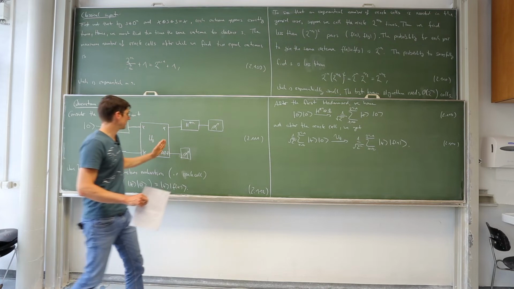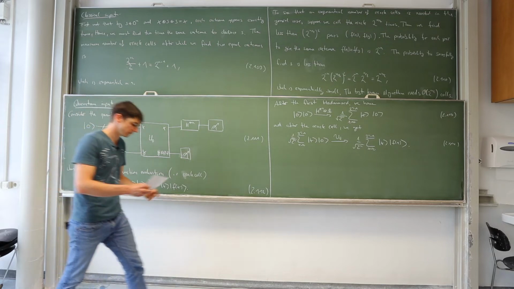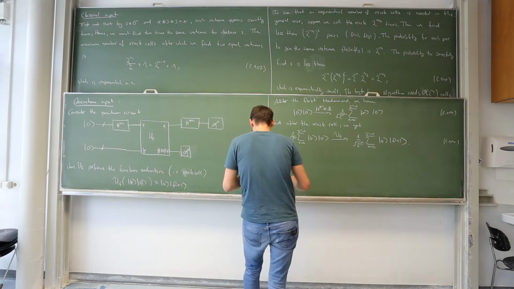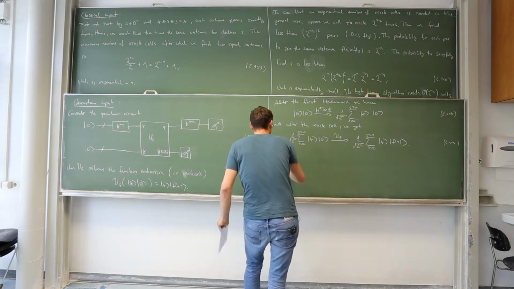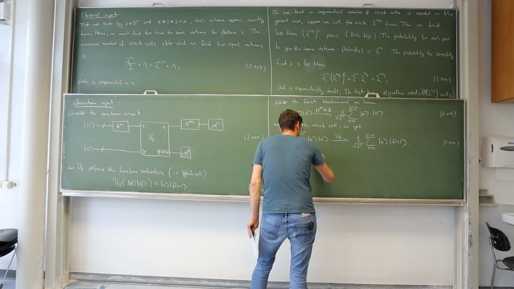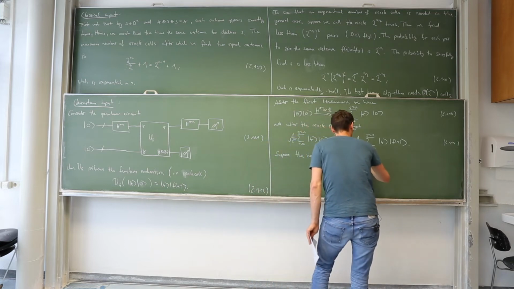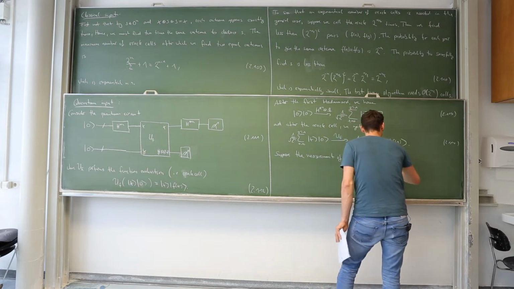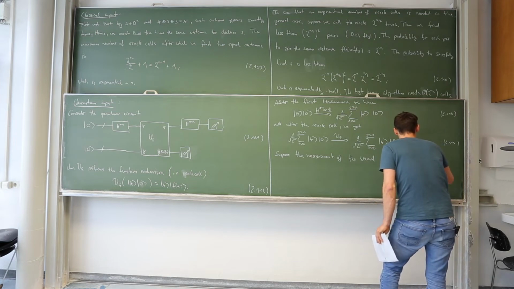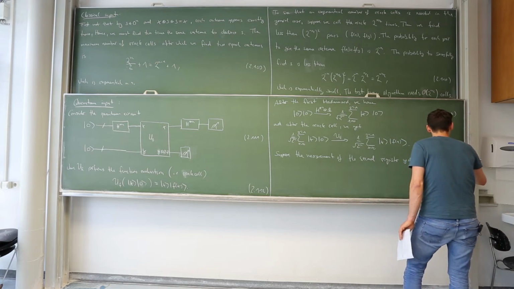Right? So we are now at this stage, and let us first measure the second register. So suppose the measurement of the second register yields f of w equal f of w plus s.